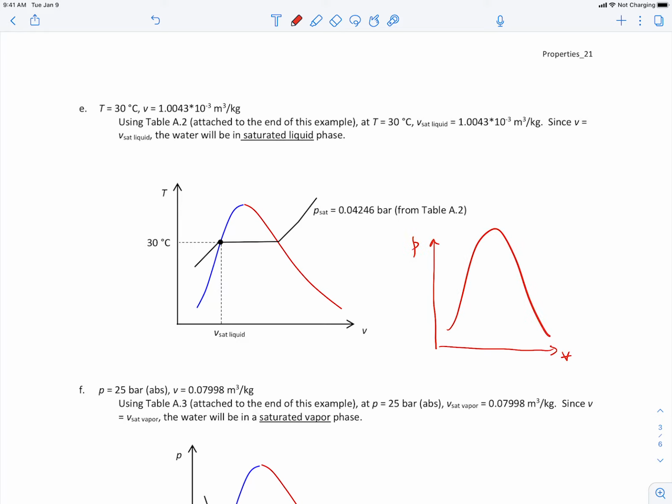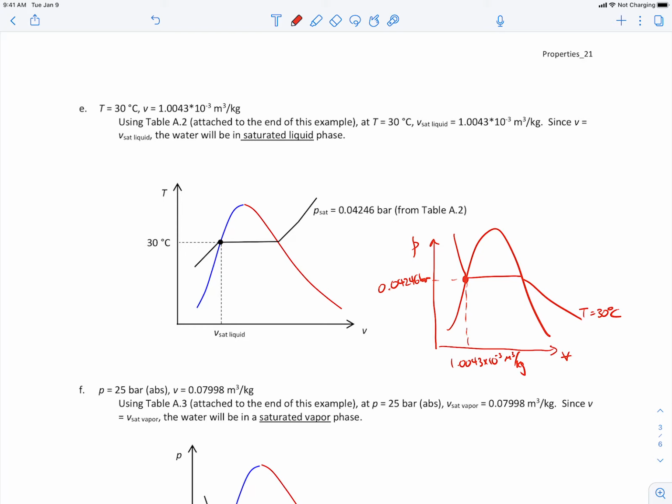Here's our vapor dome, our isotherm, corresponding to 0.04246 bar. Our corresponding saturation temperature for that would be 30 degrees C. And our specific volume of 1.0043 times 10 to the minus 3 cubic meters per kilogram corresponds to the saturated liquid state right there.